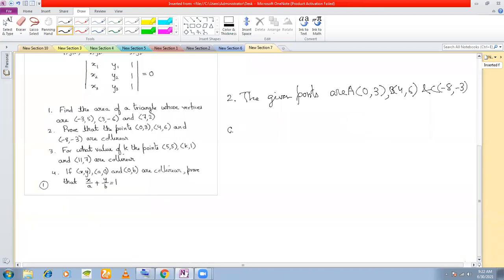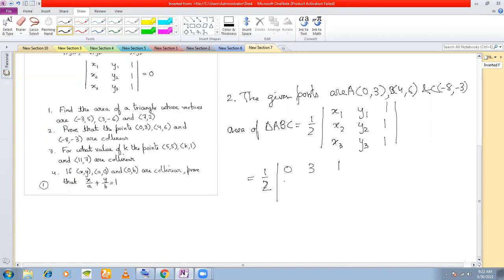So we first find out the area of triangle ABC. Area of triangle ABC is equal to half of the determinant x1, y1, 1, x2, y2, 1, x3, y3, 1. This is half. X1, y1 here is 0, 3, 1. X2, y2 is 4 and 6.